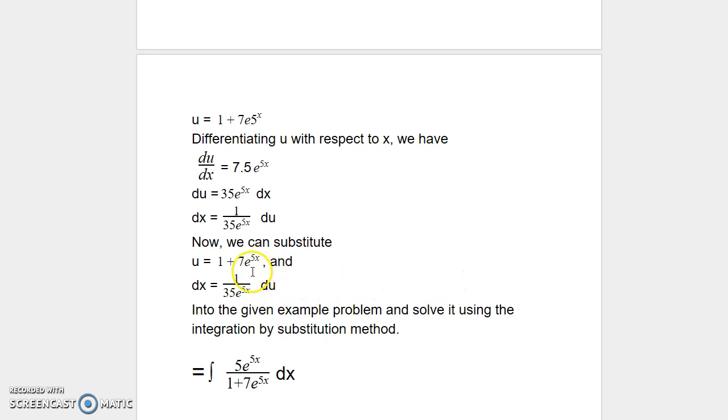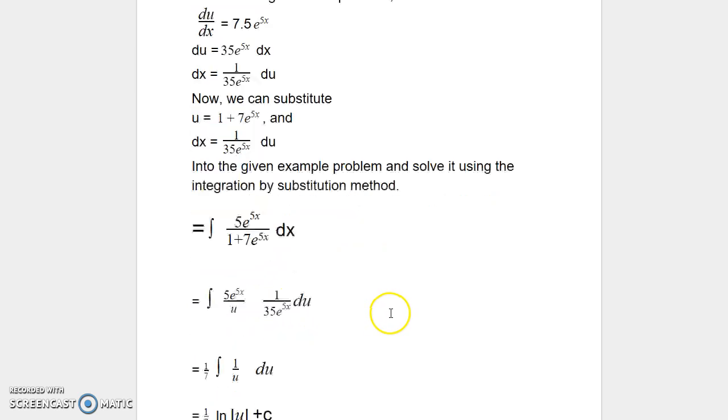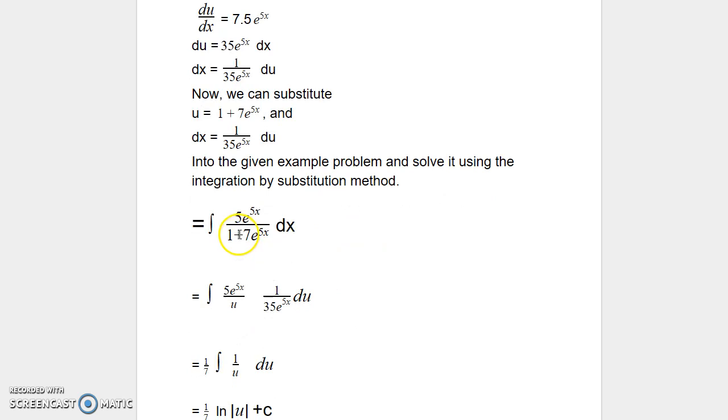Then we can substitute these into our given problem, use the rules of integration, and solve it. Our given problem is the integral of 5e to the power of 5x divided by 1 plus 7e to the power of 5x dx. The 5e to the power of 5x stays the same.